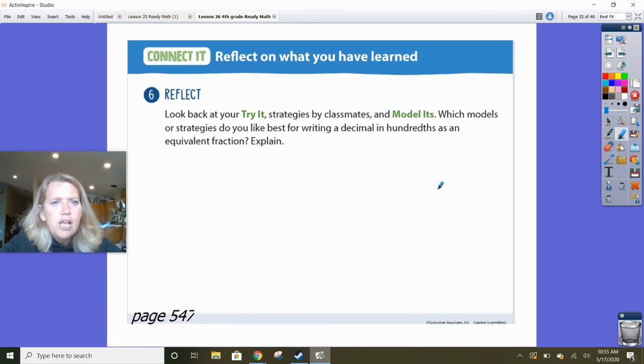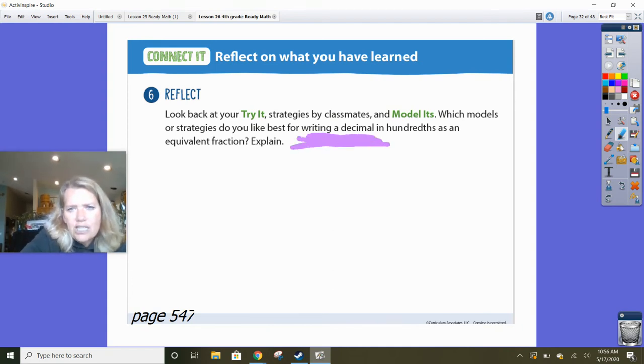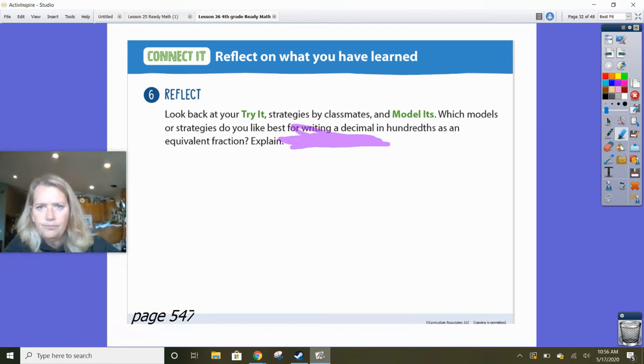Super fun. Look back at your Try It strategies by classmates and Model It. Which model or strategy do you like best for writing a decimal in hundredths as an equivalent fraction? So if you have to write it down, what do you like best for writing a decimal in hundredths?